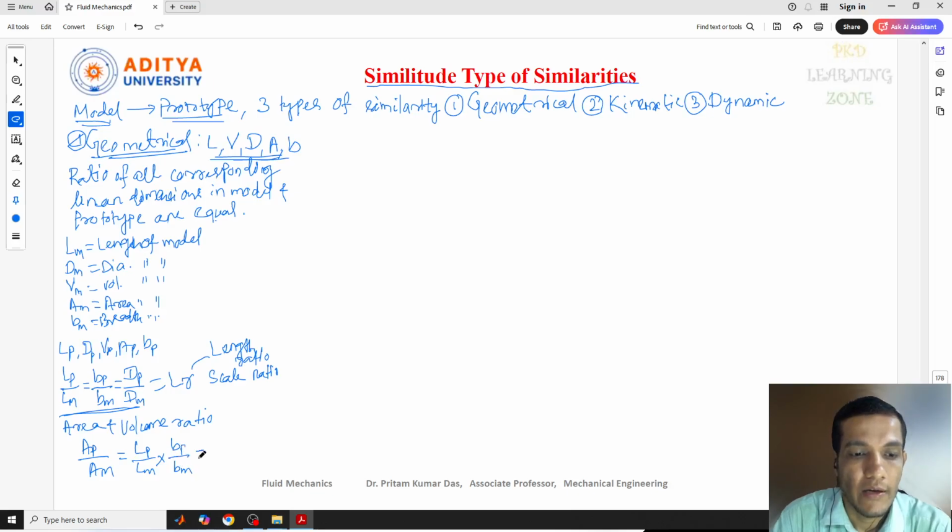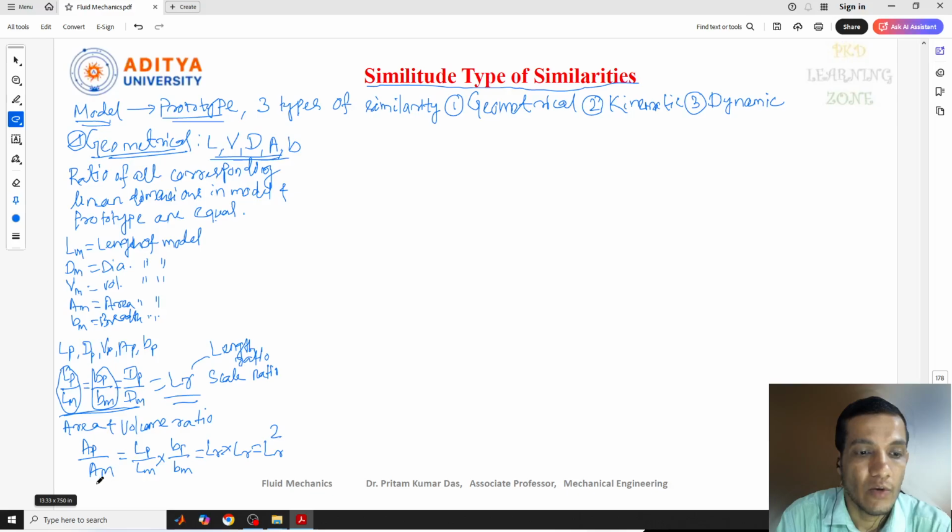Length of prototype by length of model is nothing but LR. Similarly, breadth of prototype by breadth of model is also LR. So LR into LR is LR square. This is the area ratio, area of the model and the prototype, that is LR square.